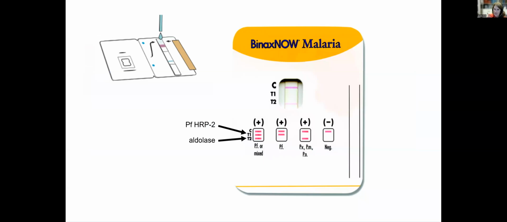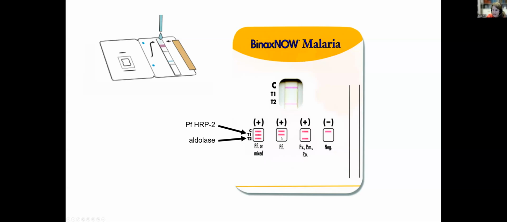The Binax Now uses two of those antigens. It uses a specific band, T1, that's impregnated with this Plasmodium falciparum histidine-rich protein 2. So T1 is specific for Plasmodium falciparum, whereas T2 contains aldolase, which is found in all Plasmodium species. So if you have all three bands, your control band and these two, you have Plasmodium falciparum or potentially a mixed infection.